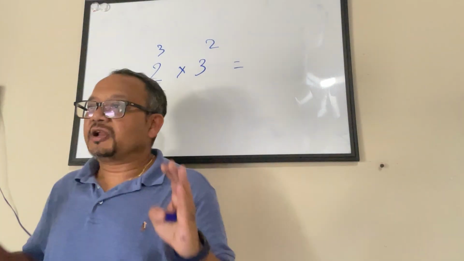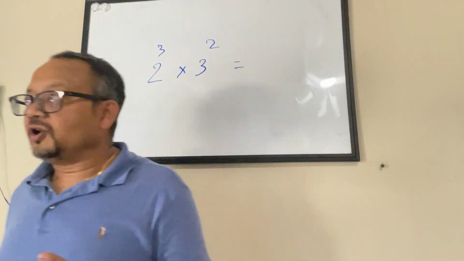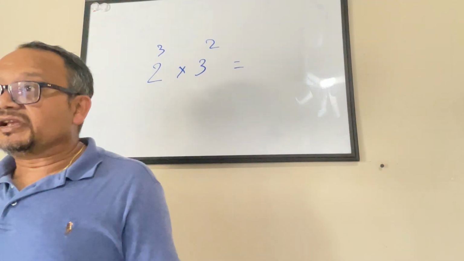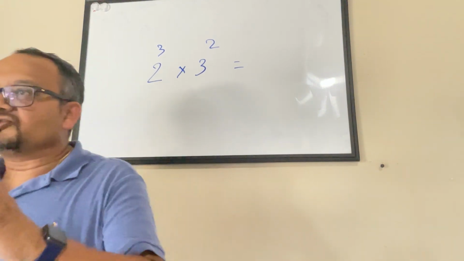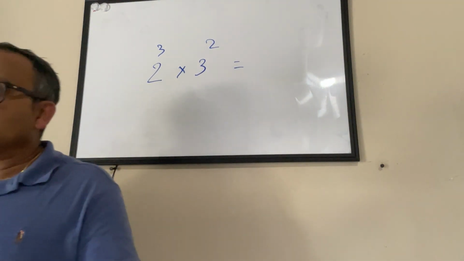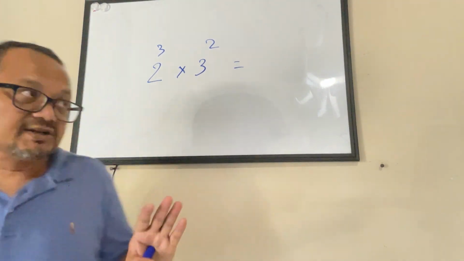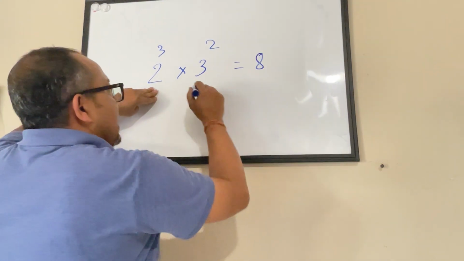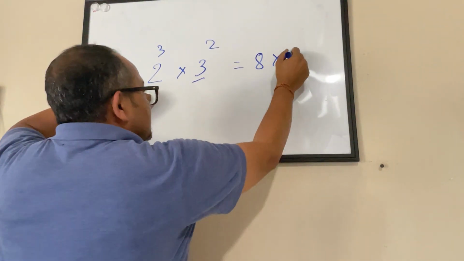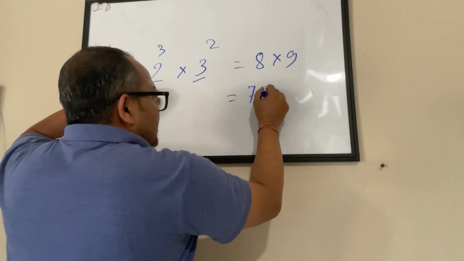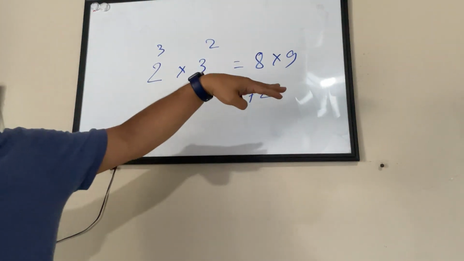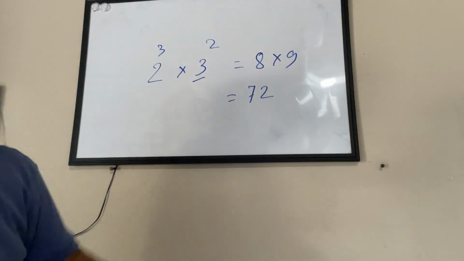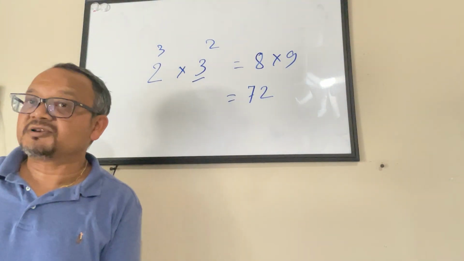So exponents are useful when you are looking at the same base. If the base changes, you don't do any magic with that. You do simple multiplication. 2 to the power 3 is 8 and 3 to the power 2 is 9. If I have to solve it, this is what I will do. I will not multiply 2 by 3 and then add the power. No, that will not be a mistake.